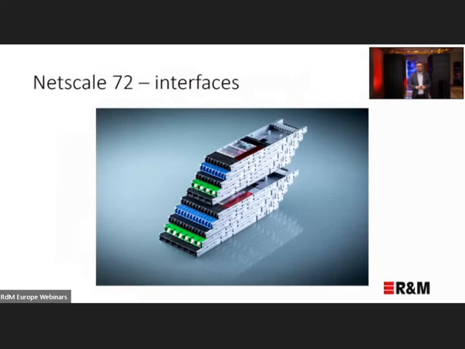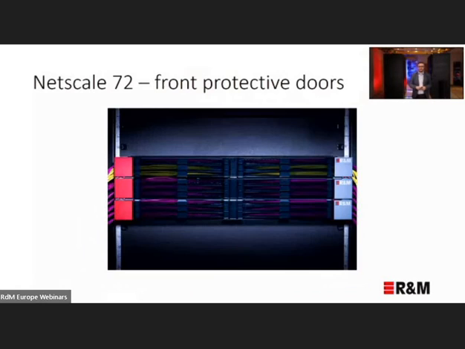With Netscale 72, most popular interfaces can be used, like LC duplex, SC simplex, E2000, and MPO. As other family members, Netscale 72 gives side cable management on the front and transparent doors.